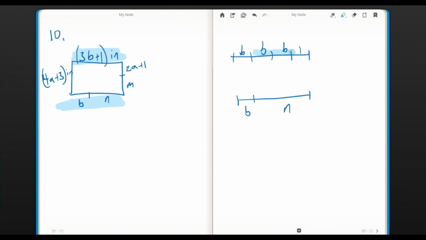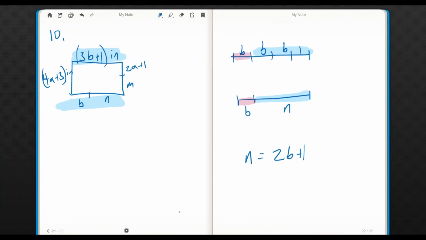So what I know is this part is the same as this part, because b and b are the same. So the value of n would be 2b plus 1.